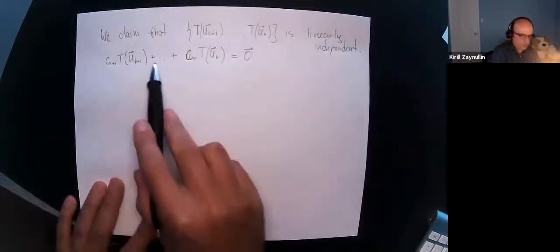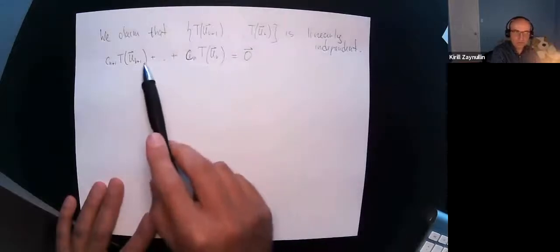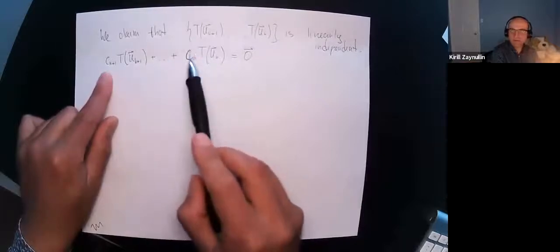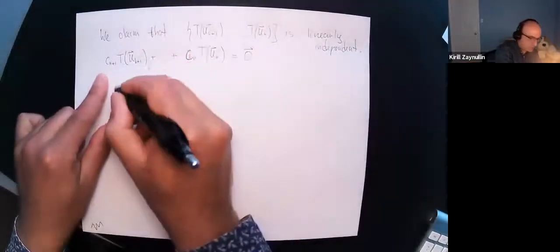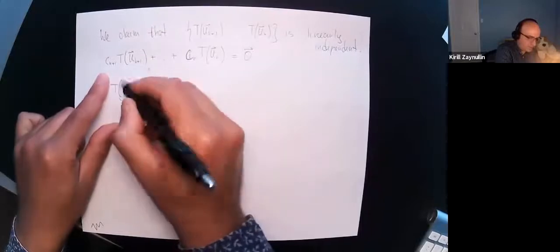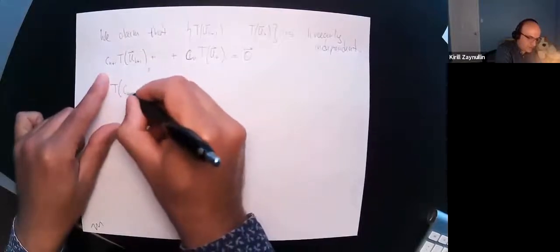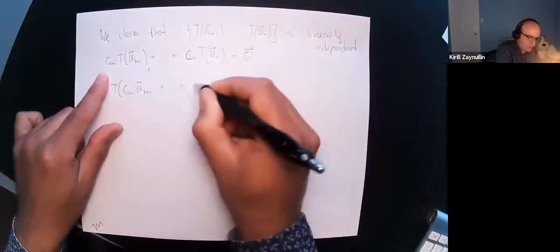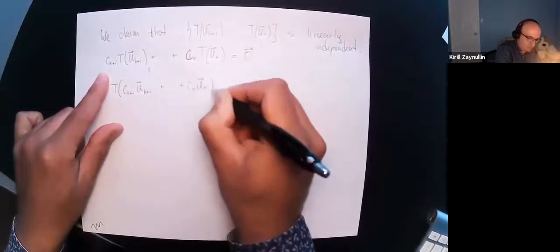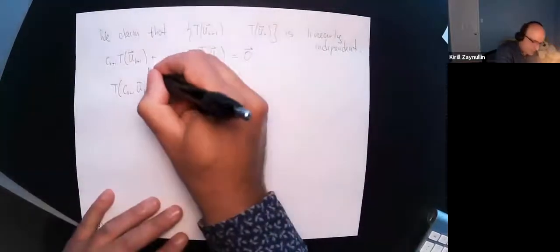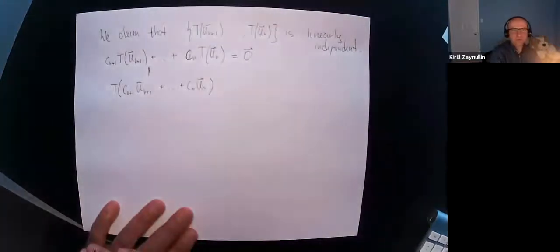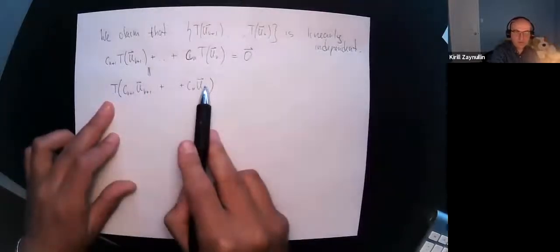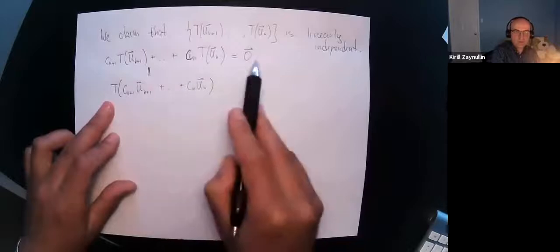If you set it to be 0, then on the left-hand side we can put all the scalars and the sum inside the bracket, because T is a linear transformation. So we can write T of c(k+1) u(k+1) plus, and so on, plus cn un. You can always put it inside the bracket. And then what do we see? When we apply T to this linear combination, we get 0.